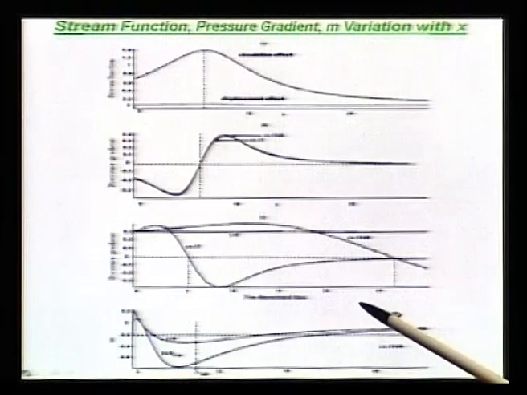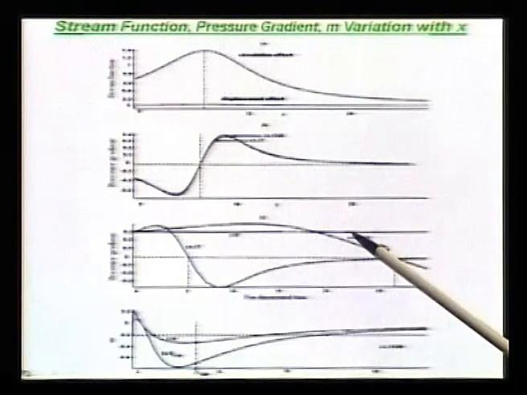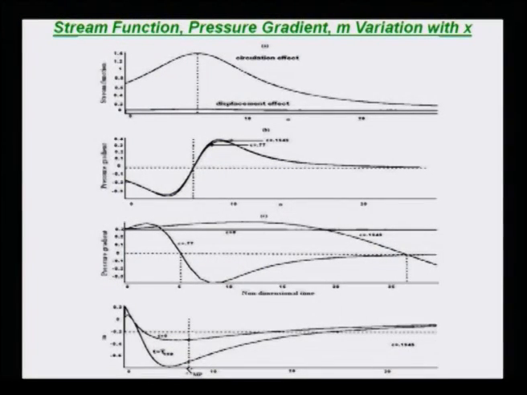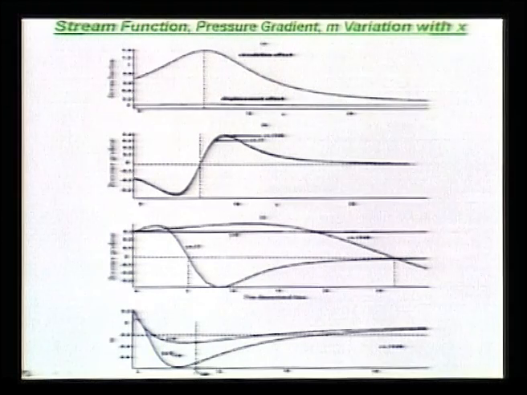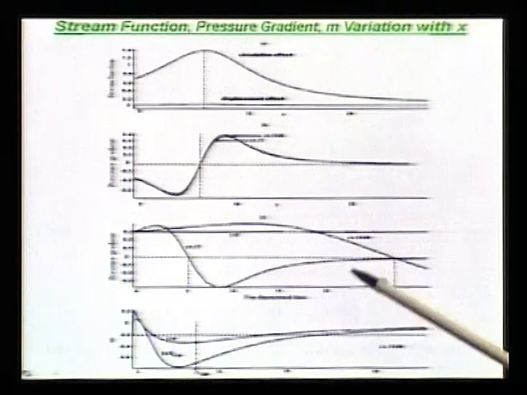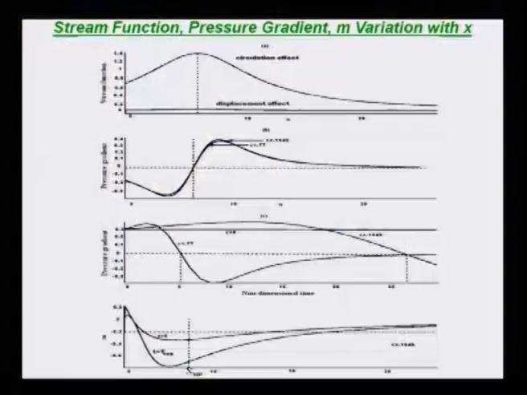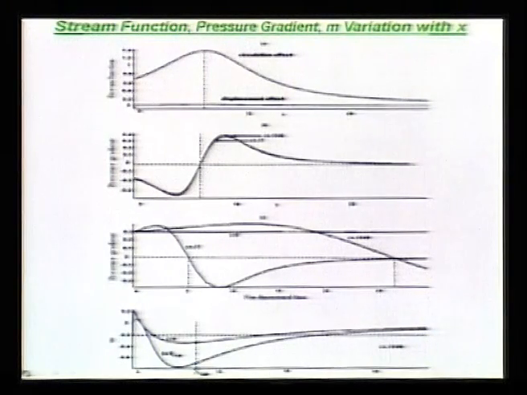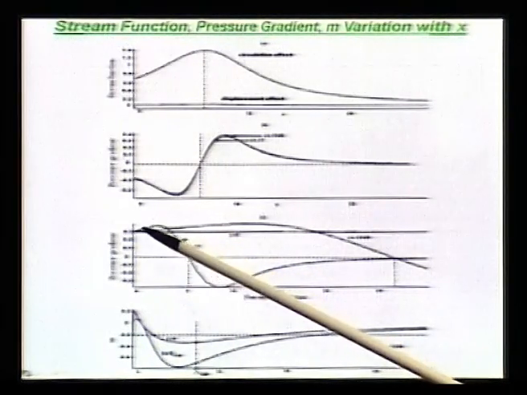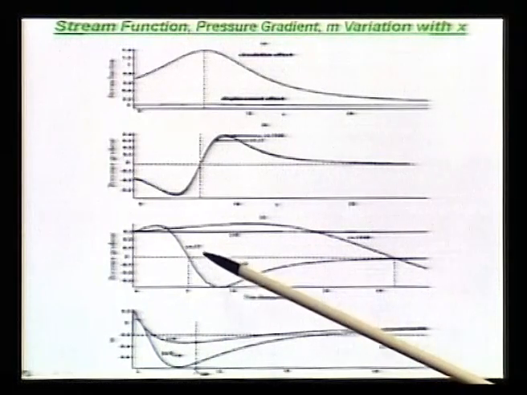Now, you look at this case, this top figure corresponds to the case of c equal to 0.1545. Whereas, this curve corresponds to c equal to 0.77. Now, what you notice is that the maximum magnitude of adverse pressure gradient is more for the 0.77 case, but it becomes favorable after a short time.